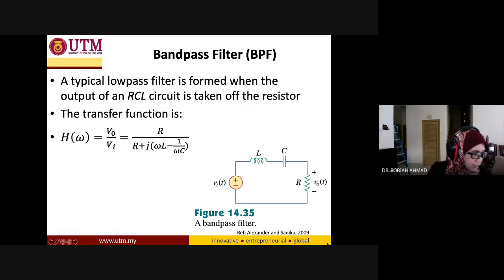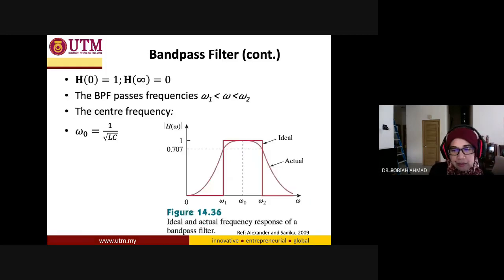Yes, the band pass is at the resistor. Okay, the final one. So this is how it looks, ideally, actual versus ideal. And the cutoff frequency will be 1 over square root of L and C.